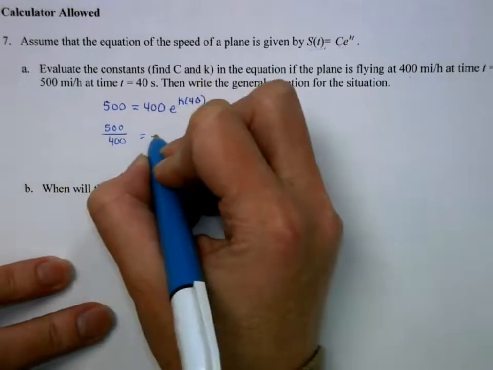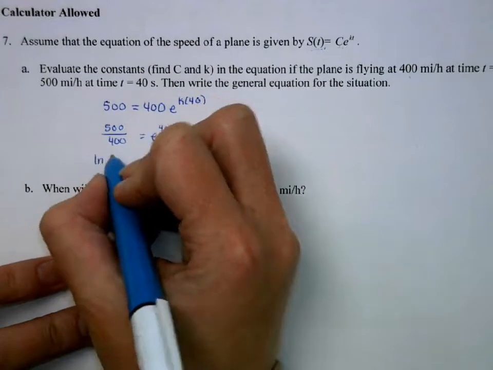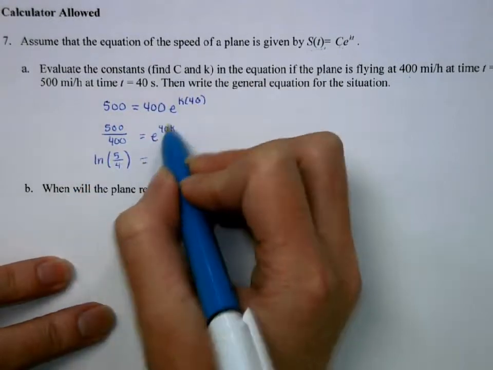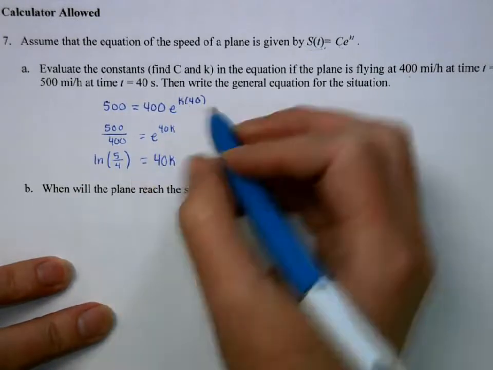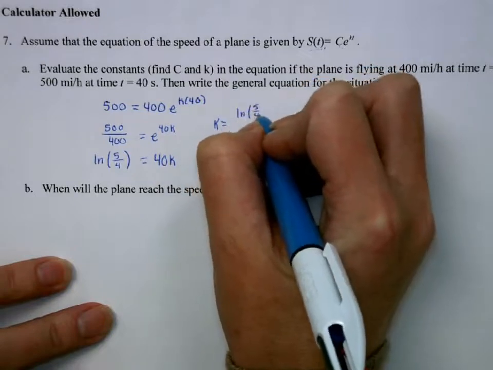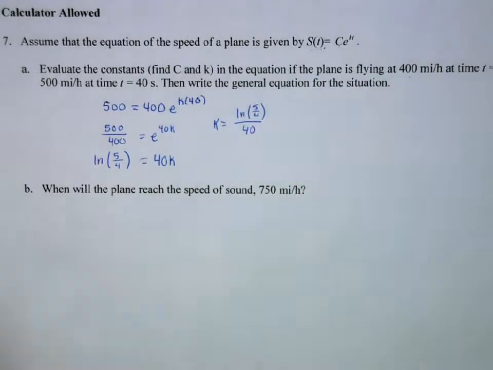We're going to take the natural log of both sides, because when I do natural log of e to the 40k, we just get 40k. And then we'll divide. Then you'll type this into your calculator, because we need a calculator for this question.